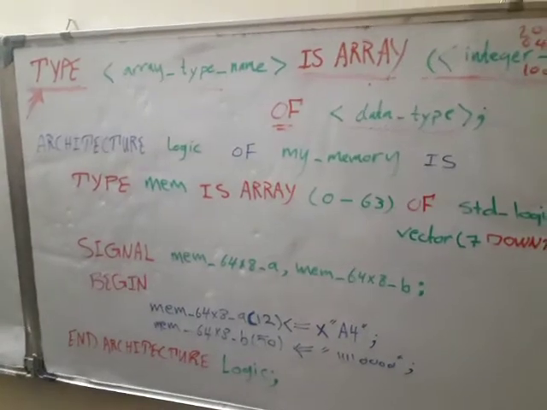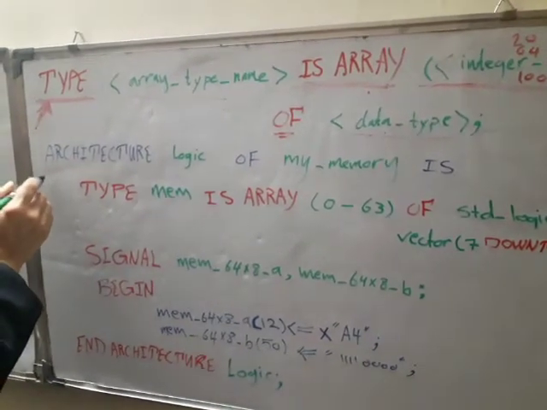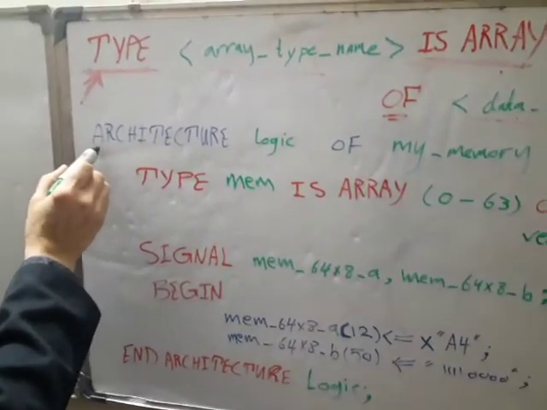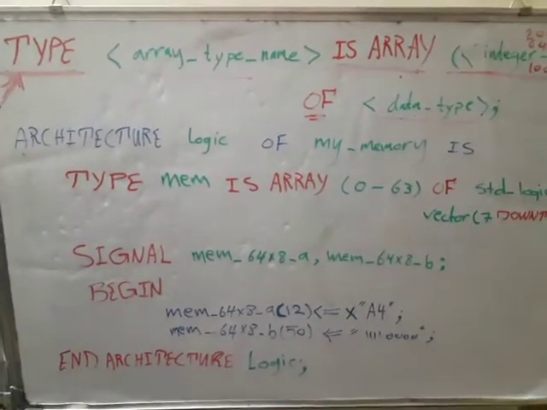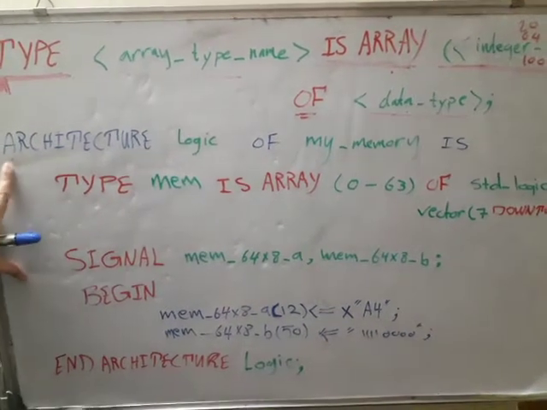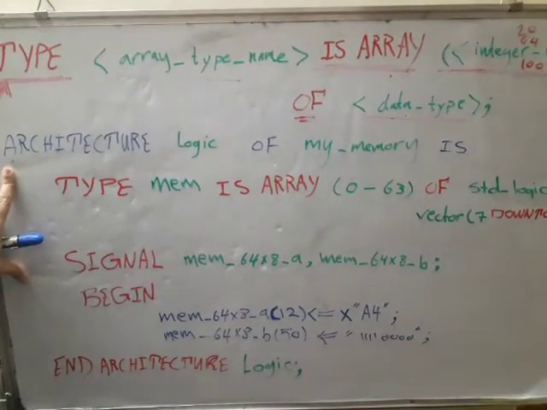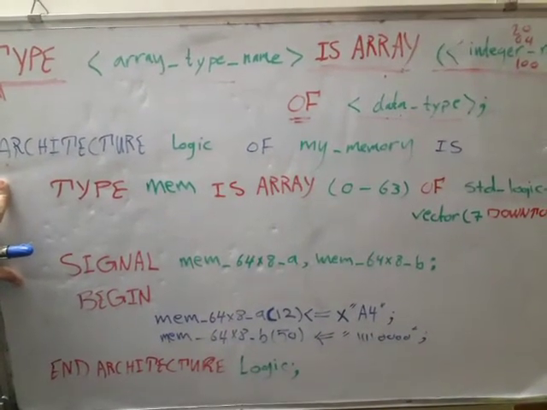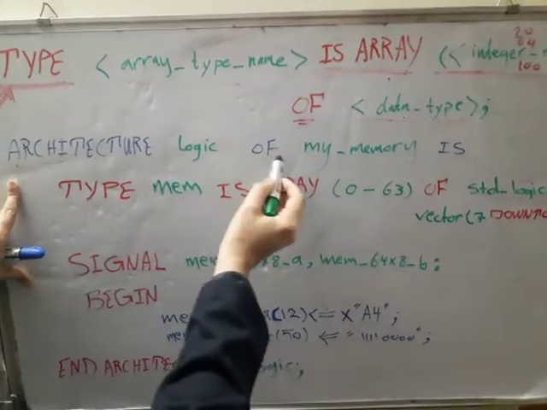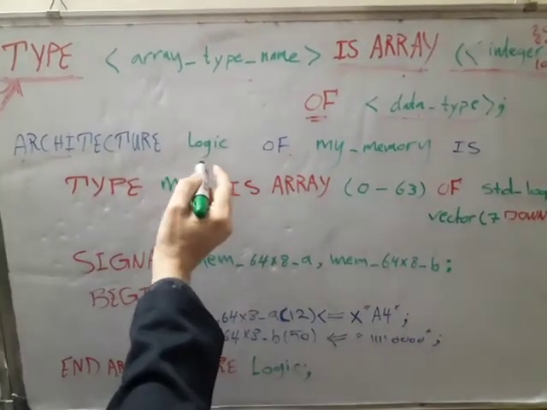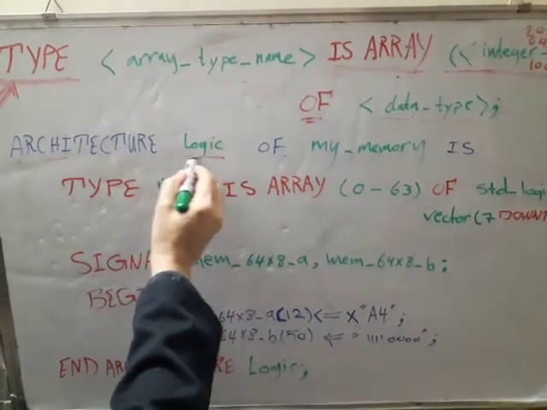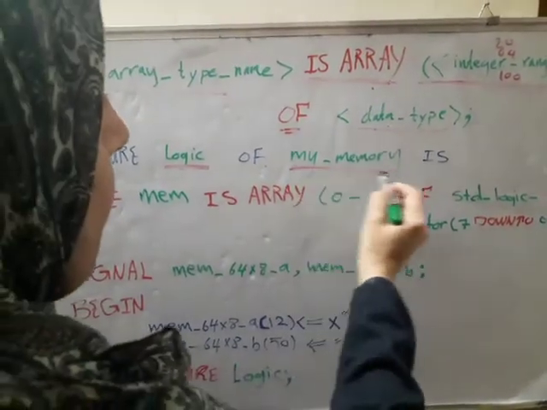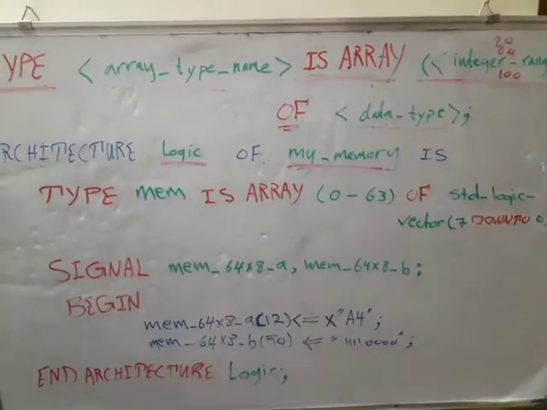To explain this more, we shall use this example. Here we use the architecture part only and leave out the entity part because it is not required here.